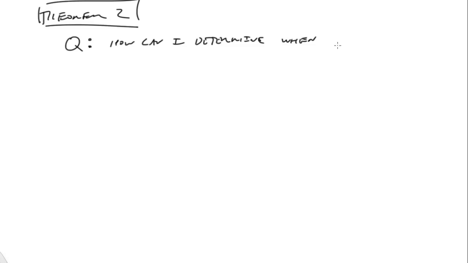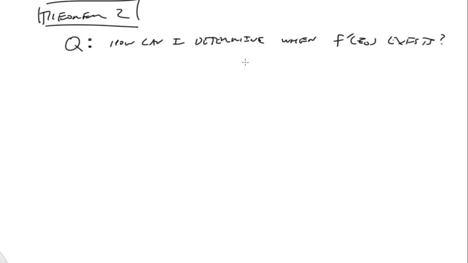So this theorem 2 now goes the opposite way. Before I actually state theorem 2, I'm going to back up. The idea we want, again, is to go back to our big question, which is, how can I determine when f prime at z naught exists?